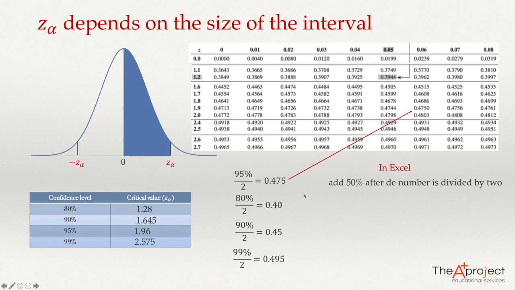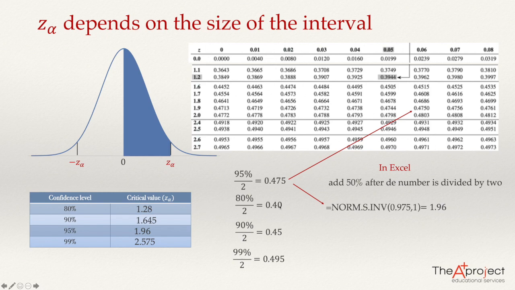To use Excel to find this first number, we just type in any cell equal NORM.S.INV of 0.975. The argument after the comma is just informing Excel that this is cumulative. Enter, and Excel gives you the same number, 1.96, rounded to 2 decimals.